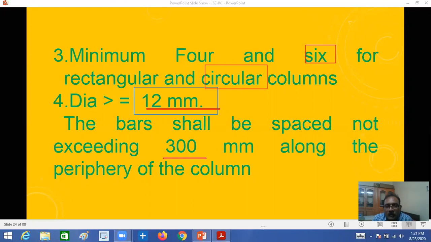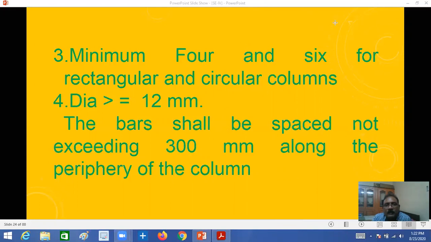If you see the longitudinal cross section of the column, say there are two stirrups like this, the distance between these stirrups should not be more than 300 mm.